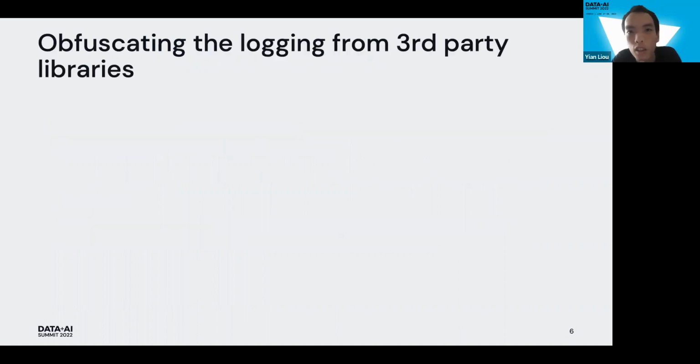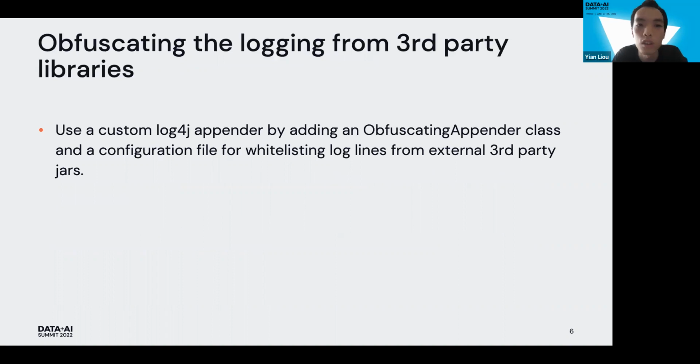For obfuscating the logging from third-party libraries, we have done the following. We use a custom log4j appender by adding an obfuscating appender class and a configuration file for whitelisting log lines from external third-party jars.